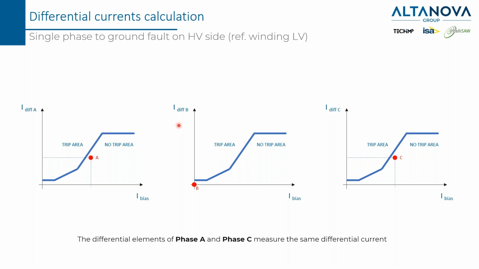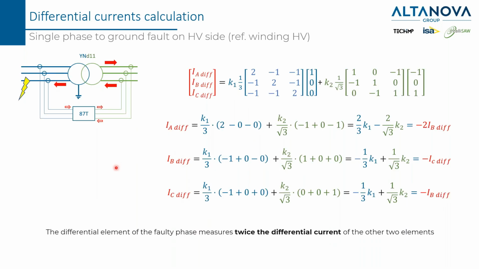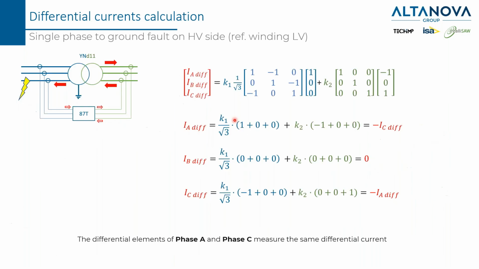The differential element B will see 0, and the differential element for phase C will see the same point as in phase A. I forgot to highlight the fact that this situation is true only if the reference winding is the low voltage winding. Because if I change the reference, I'm also changing the matrices.